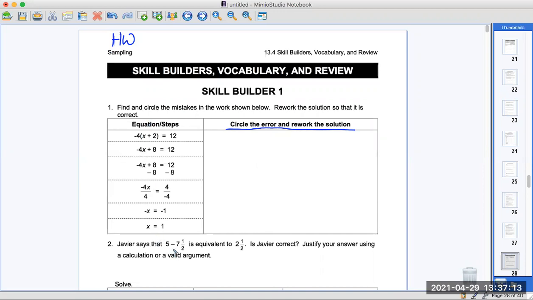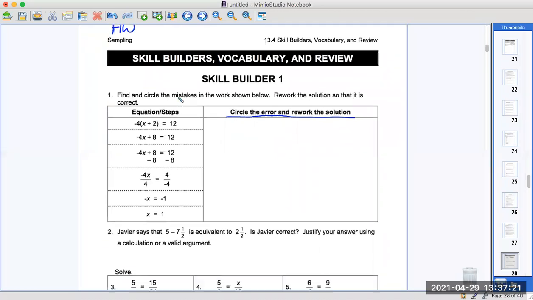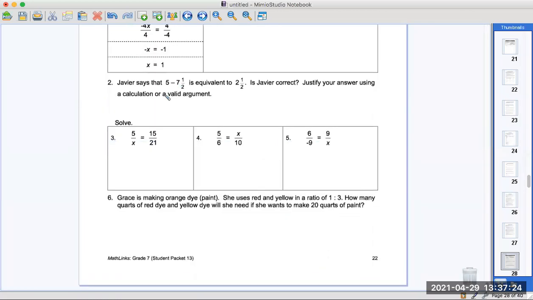Okay. So let me go to that page so I can give you some instructions real quick. Yep. And then I just want to give you some examples so you're not totally lost. This is called the cross product. You multiply, it's a proportion.